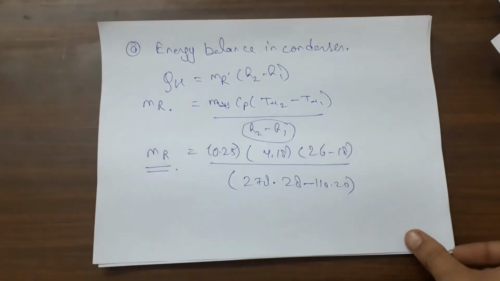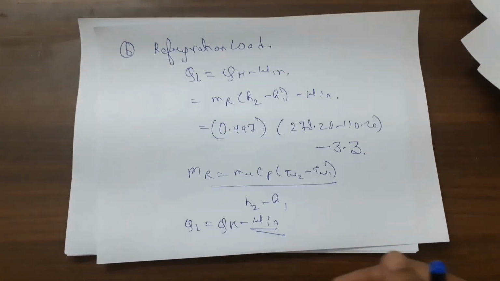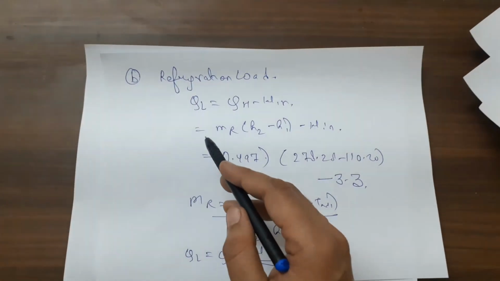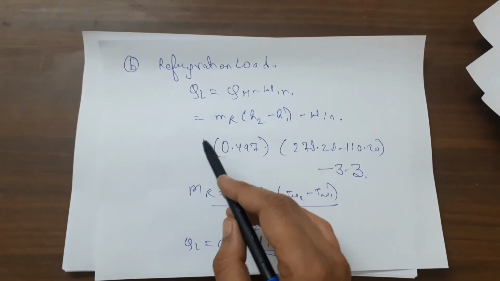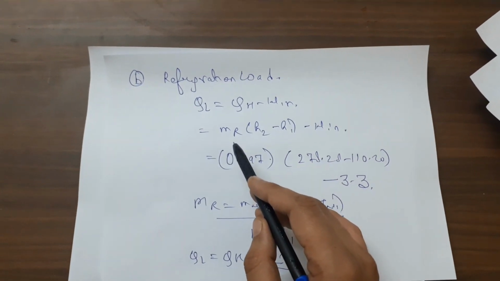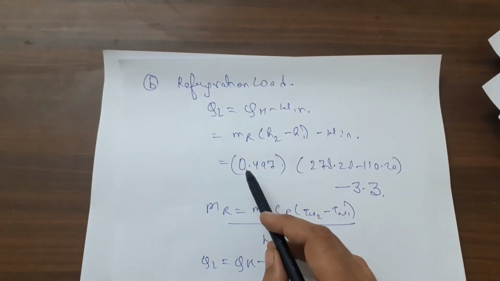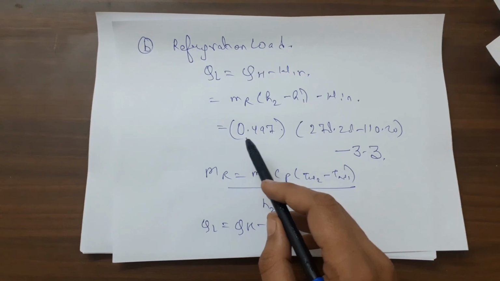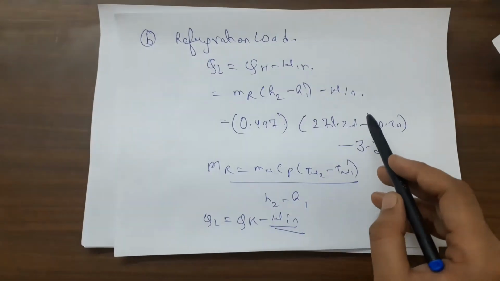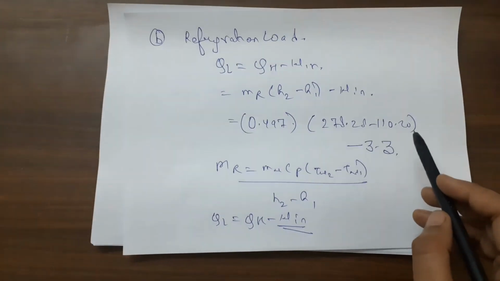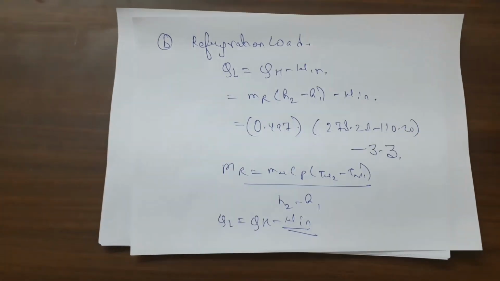So moving further, QL is equal to QH minus WE, where QH was equal to MR (H2 minus H1), and minus WE. Putting the value of MR as 0.697, H2 value as 278.28, H1 value as 110.20, and WIN was given as 3.3.